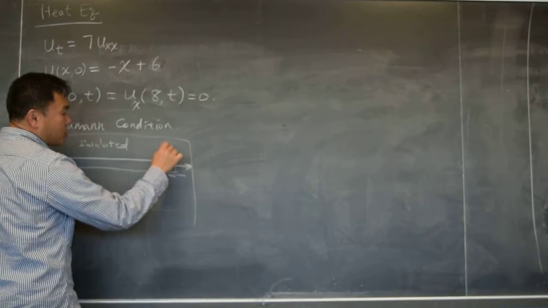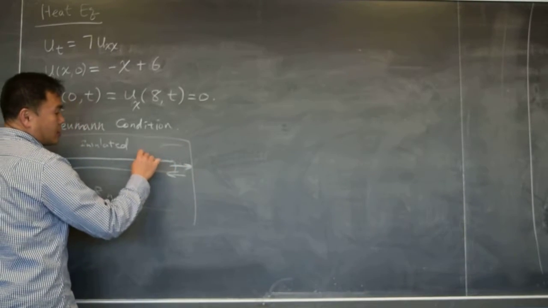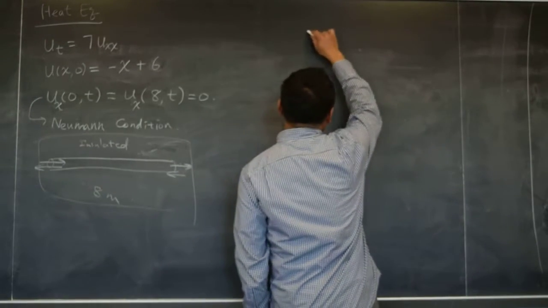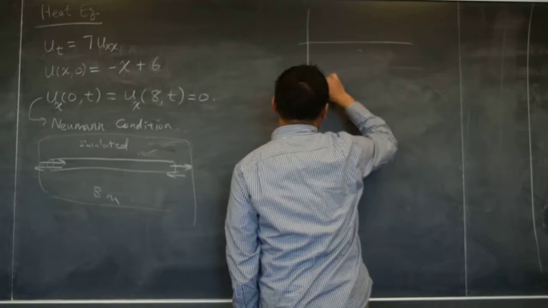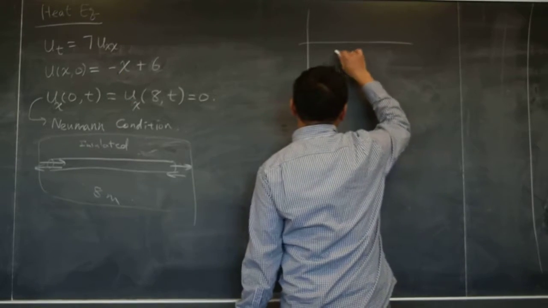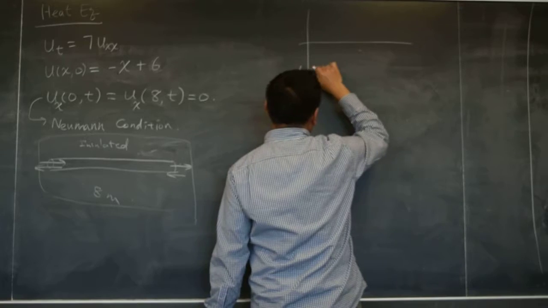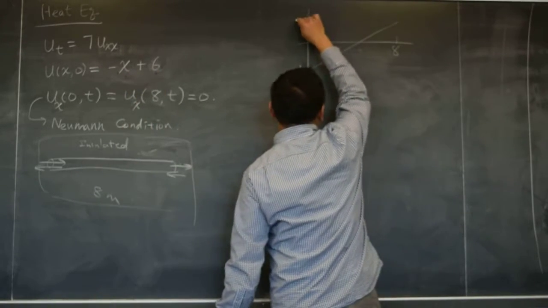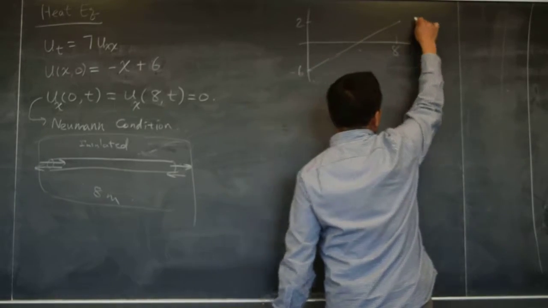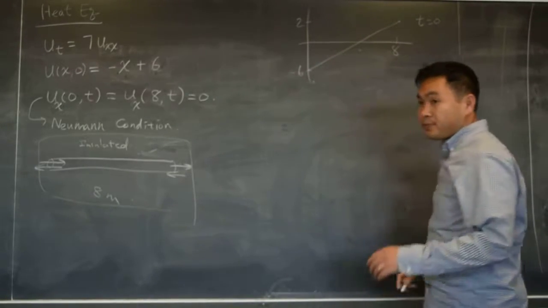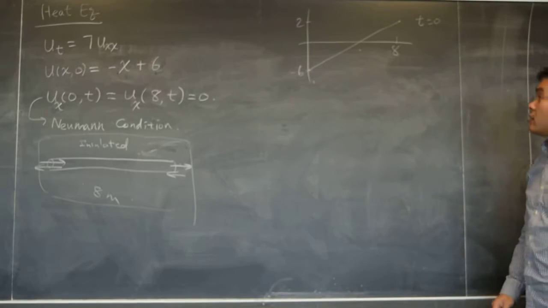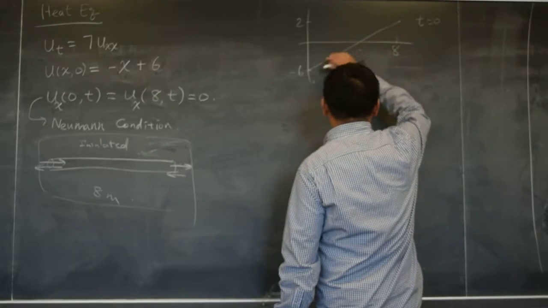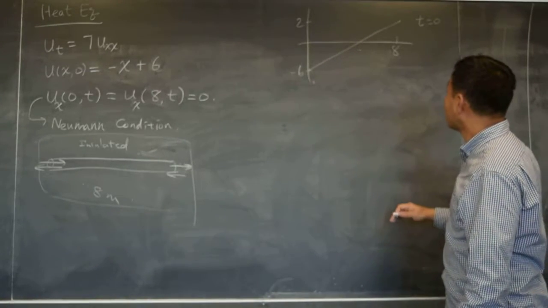If you look at the temperature at the end, originally it's going to happen like this. Originally, the initial temperature distribution is like -6 here, and when it's 8, -8 plus 6 gives you +2.